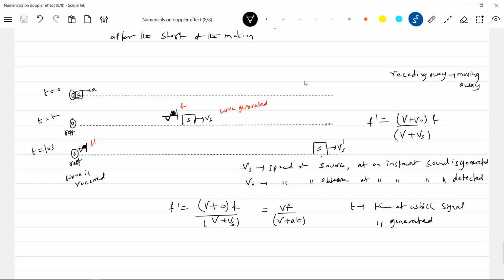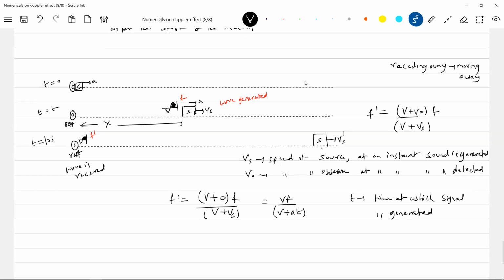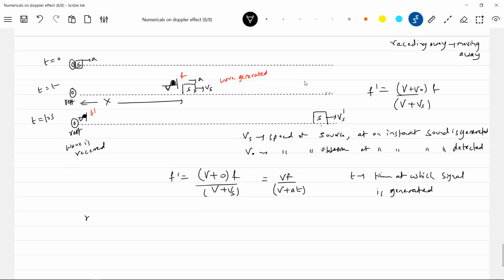Let the source be at a distance x. It is accelerating from rest, so let's go for kinematics: x equals half a t square. Then how much distance should the wave propagate to move from source to detector? The same x.